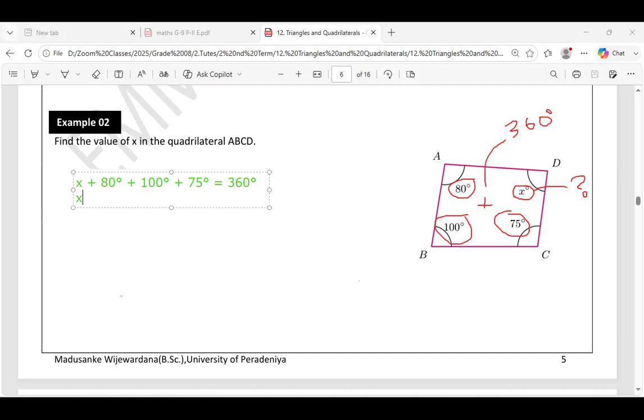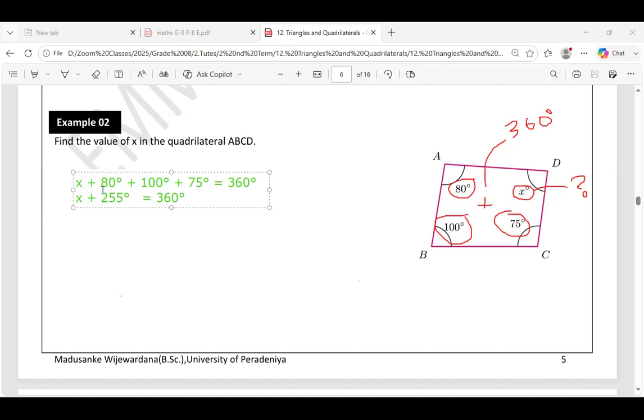You need to write it. Then x plus 80 plus 100, 180. 180 plus 75, 255 degrees is equal to 360 degrees.